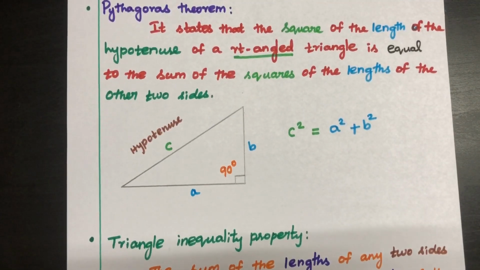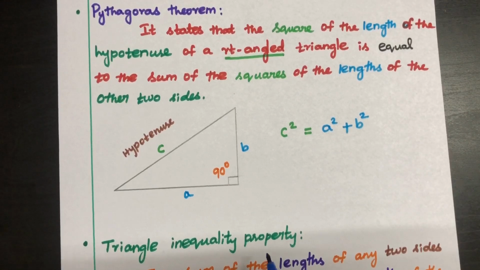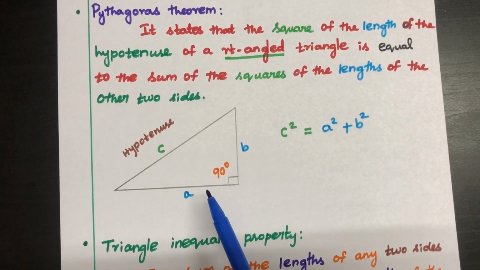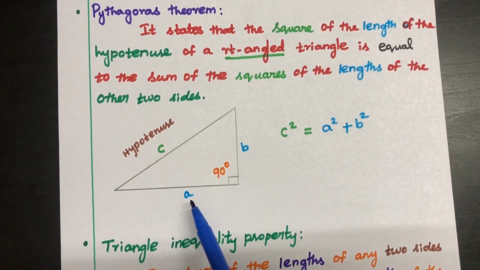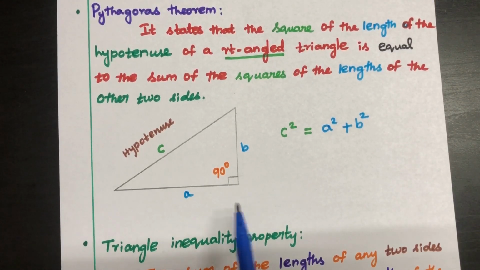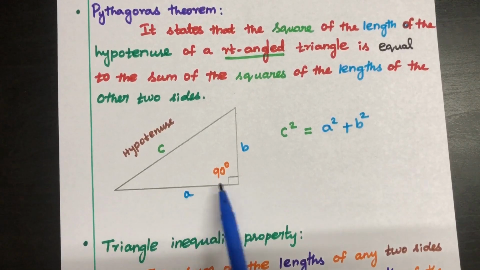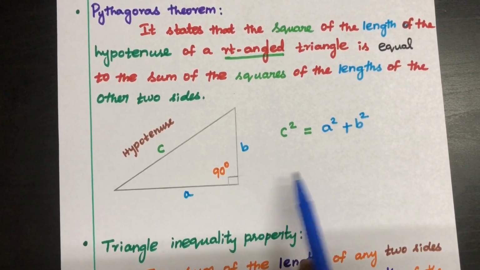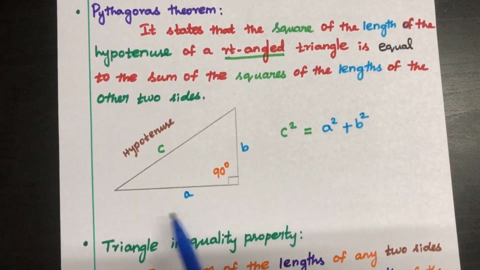One of the main theorems, it is a very important theorem. I'll teach you elaborately in another video. I am just telling what the Pythagoras theorem is. Pythagoras theorem considers a right angle triangle. Right angle triangle means one angle must be 90 degrees. See here. Here an L shape will form.